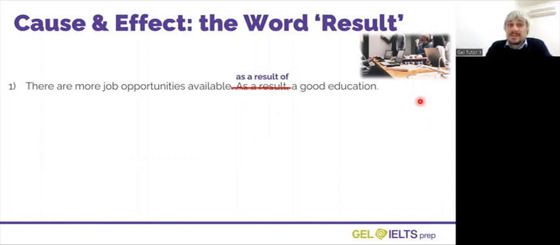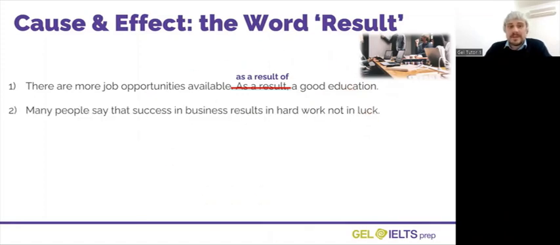The correct sentence should be, there are more job opportunities available as a result of a good education. A good education is the cause, not the effect, of more job opportunities.